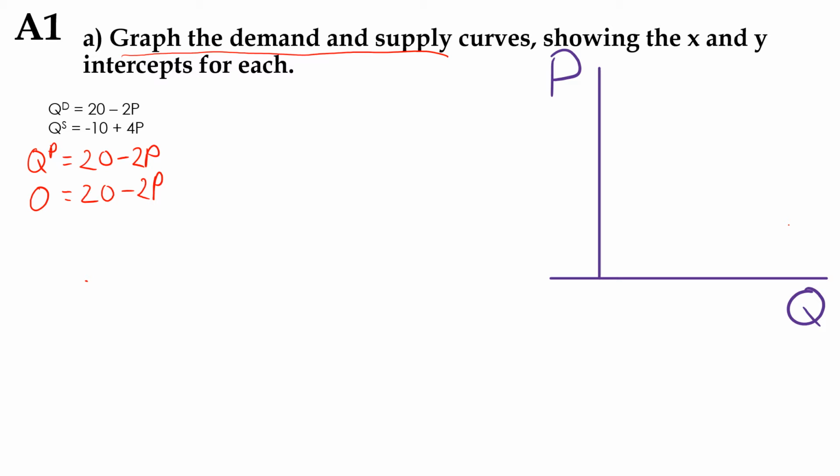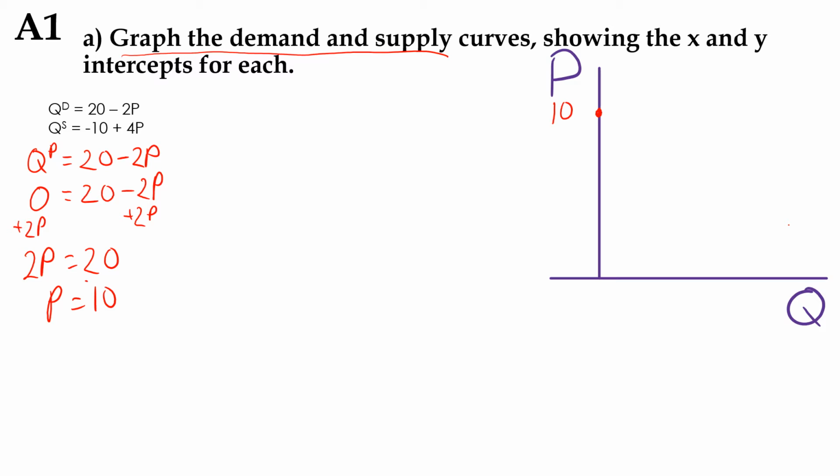So that's pretty easy stuff. I'm going to bring 2p to the other side. In other words, I'm going to add 2p here and add 2p here, and then I get 2p equals 20, or p equals 10. So I know that my demand curve is going to cross this axis somewhere at 10.